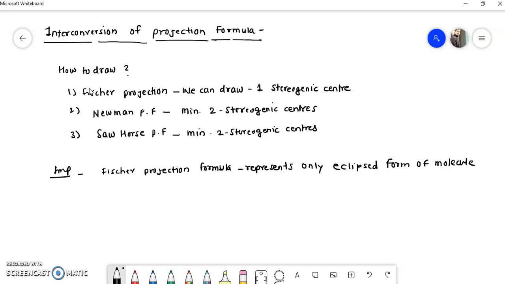Hence, the Fischer formula is unsuitable for representing the conformations of molecules.